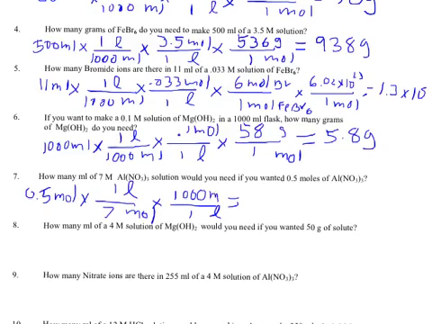I should put the mL there. There you go. Alright, and when I multiply that through, I'm going to say 0.5 times 1 divided by 7 times 1,000 divided by 1, and that gives me 71.4 milliliters.